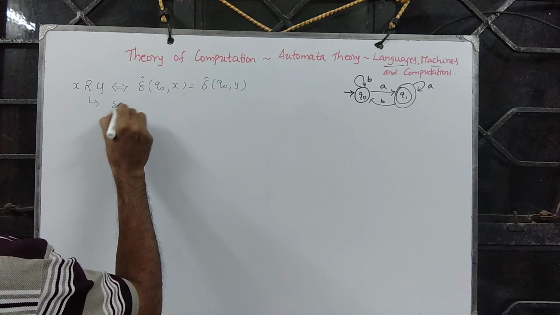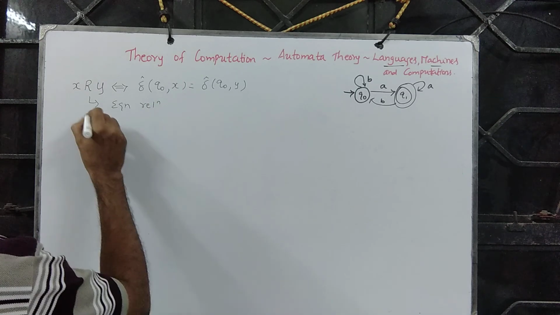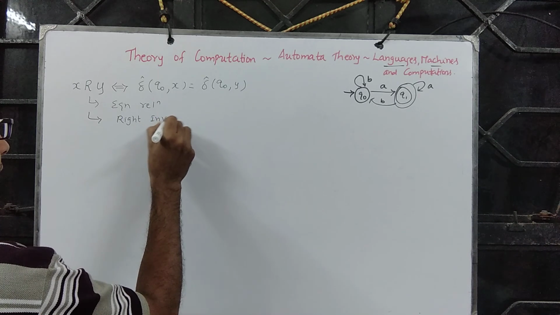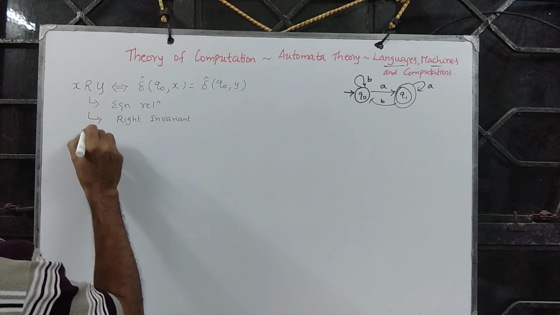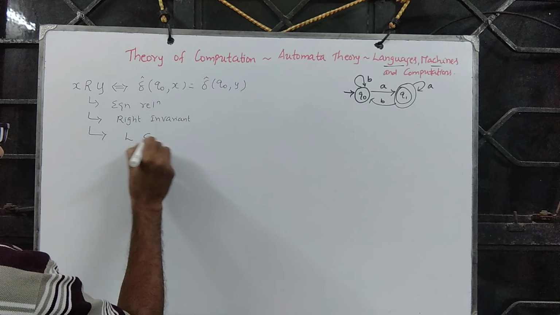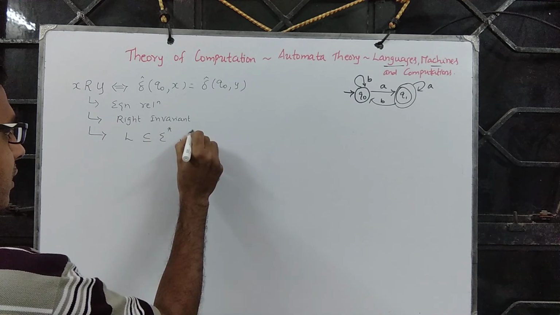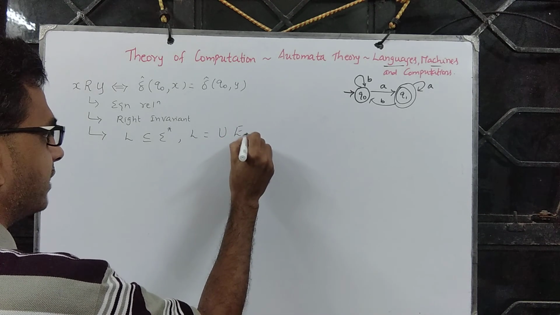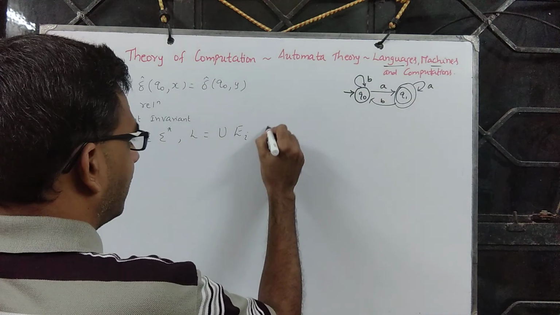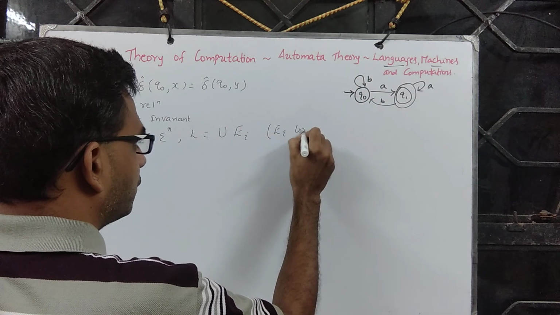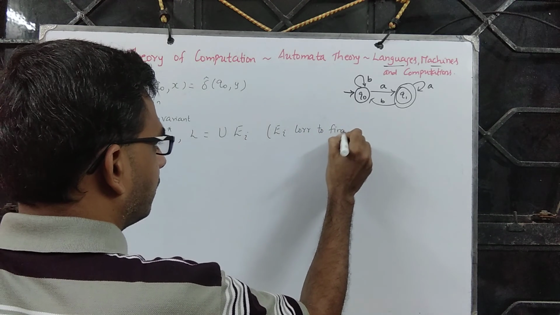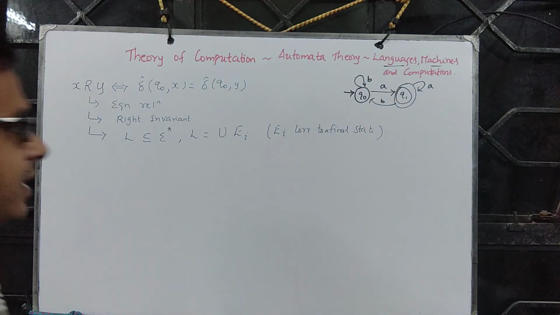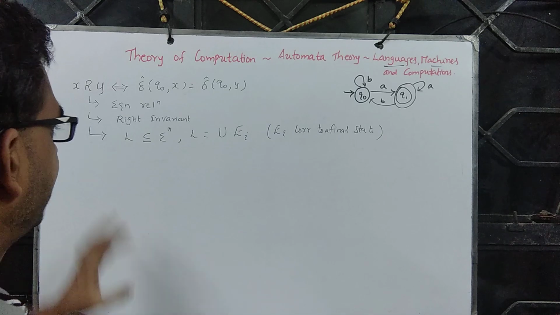We know that this relation is an equivalence relation, and we also know that this relation is right invariant, and we also know that the language accepted by the automaton is a union of some of the equivalence classes, and each corresponds to a final state. Okay, it is an equivalence class corresponding to some final state.